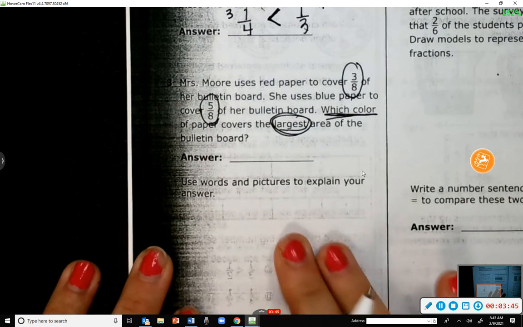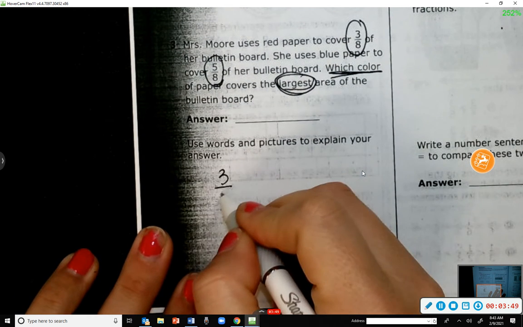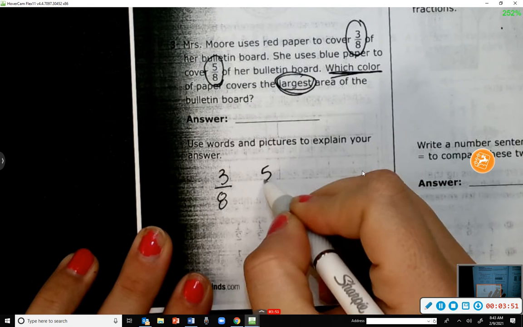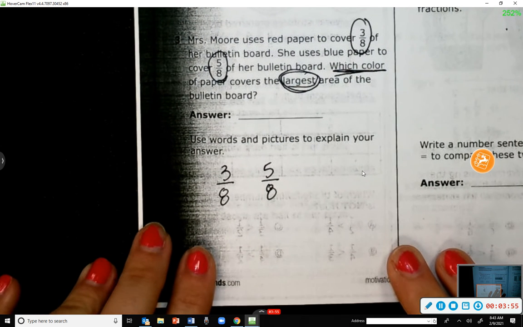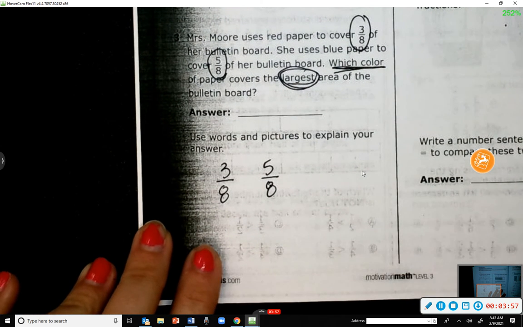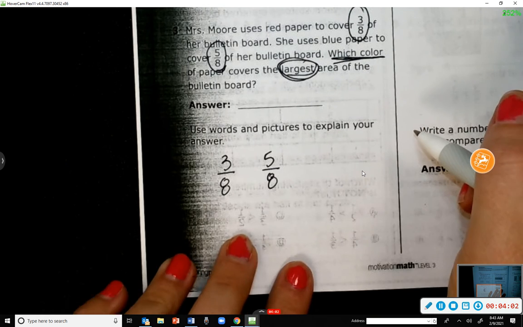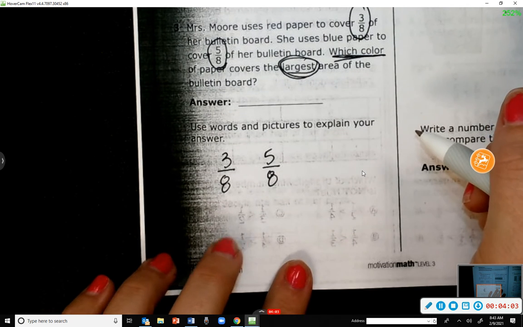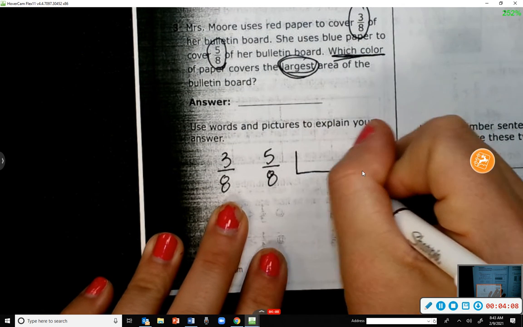So they give us a bunch of room down here before we write our answer to show our work. So here's 3/8, 5/8. There's a couple different things we could do. I could draw models. So you guys want to draw a circle or rectangles? Rectangle. Okay, so like a fraction strip.